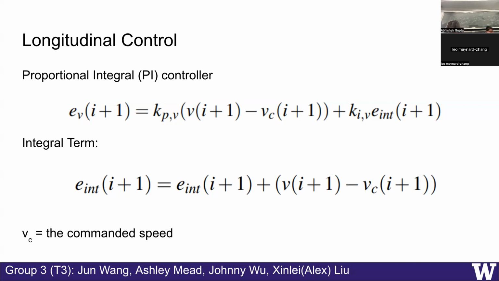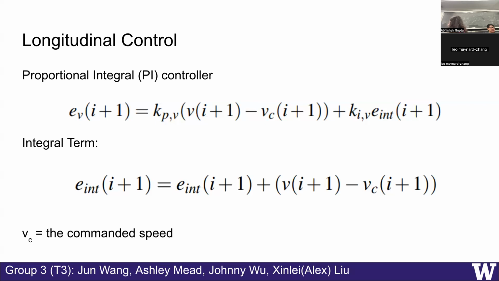And for the integral term, we're doing the same thing, except we're recursively adding itself onto there. So if there was an error in a previous time step, that error is accumulated as you're adding onto the integral term at each time step.